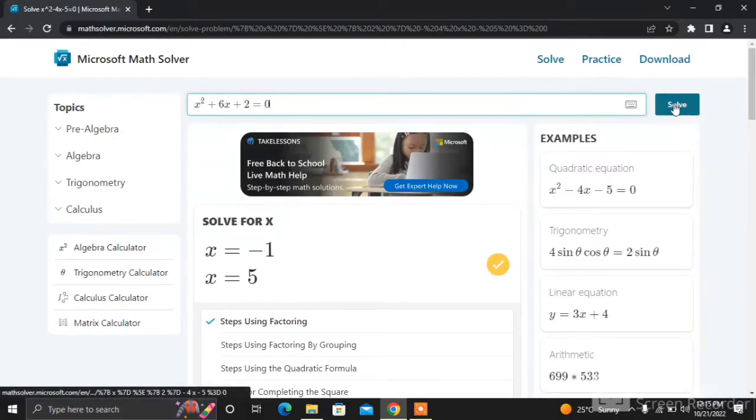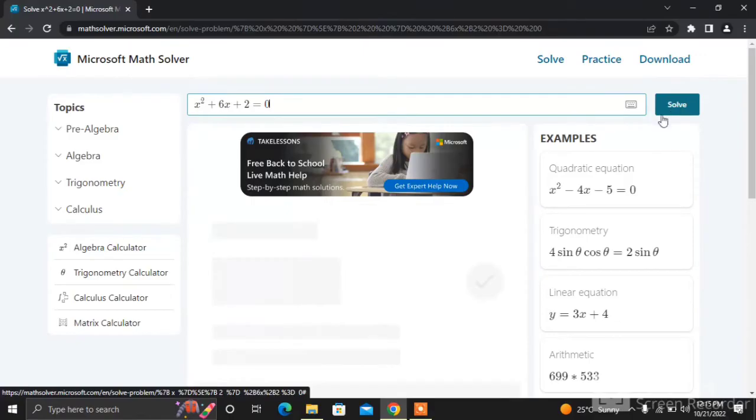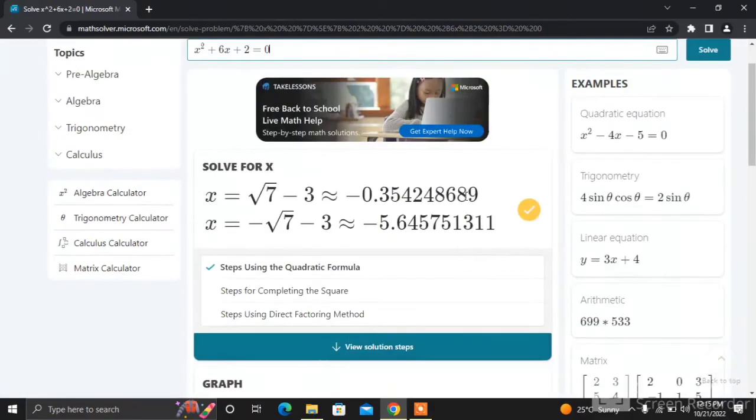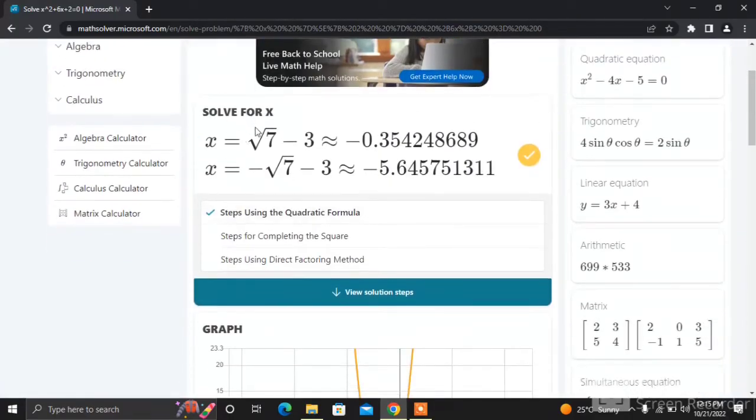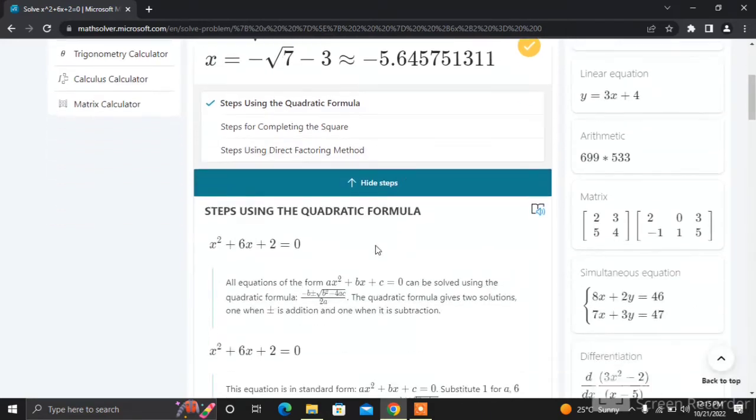So I will click solve, and when I have clicked the solve, here it has given me the solution, and here you can see view solution steps. It has given the solution x is equal to under root 7 minus 3, and the second solution is value of x is equal to minus under root 7 minus 3. I will click show solution steps.